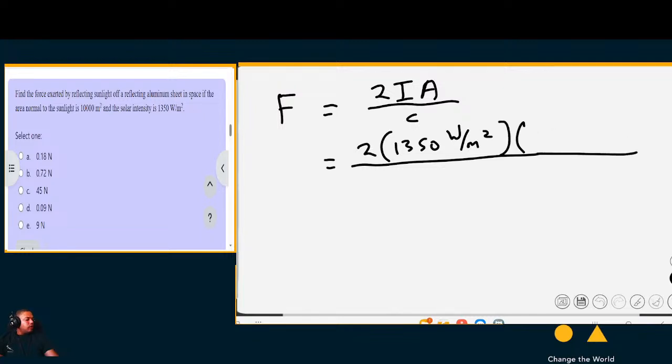The area they give us is 10,000 meters squared, divided by the speed of light of 3 times 10 to the 8 meters per second. Do a bit of dimensional analysis. That cancels, that cancels. It's watt meter per second.